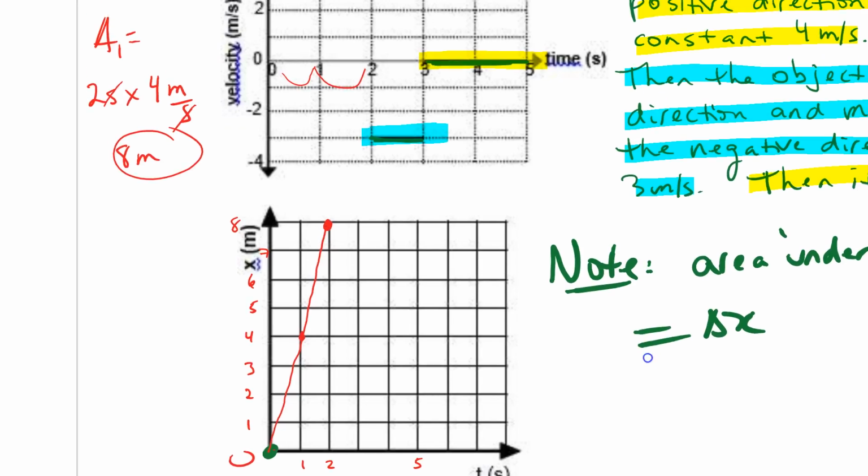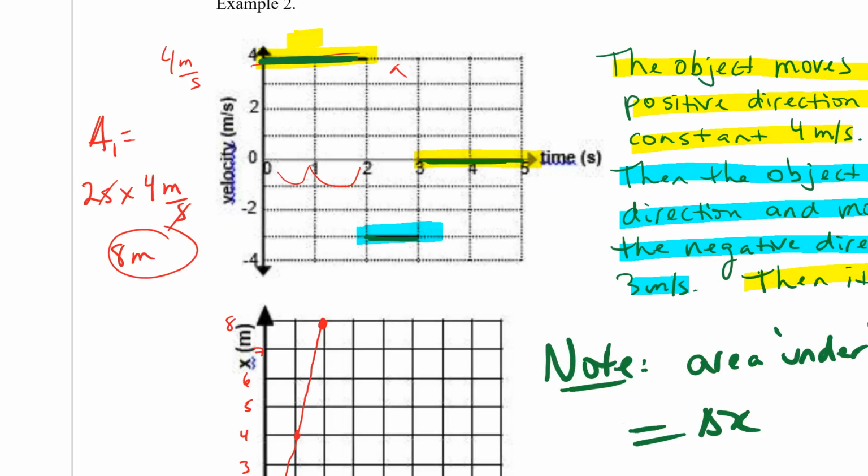So now the next segment will be, and this is why I say the area under the line, maybe it's best to say the area between the v-t line and the x-axis. This will have an area of, now this side is 1 and this side is 3, so 1 times 3 is 3 meters, and since it's below the line it will be -3.